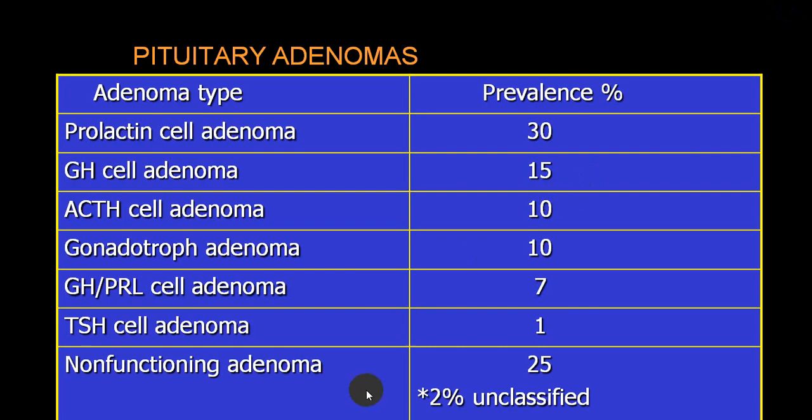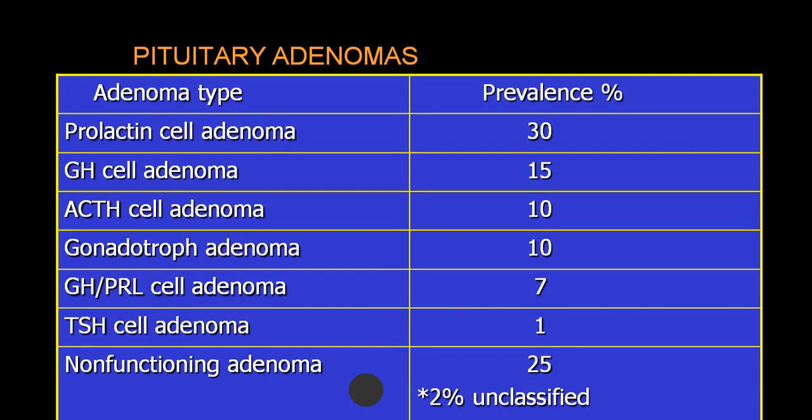And when it expands, it can also compress the structures present in the cavernous sinus. When it compresses the structures in the cavernous sinus, it will give rise to compression of the third, fifth, sixth cranial nerves. So third cranial nerve palsy, sixth cranial nerve palsy, plus in the fifth cranial nerve the V1, V2 branches, that is supraorbital and maxillary division.